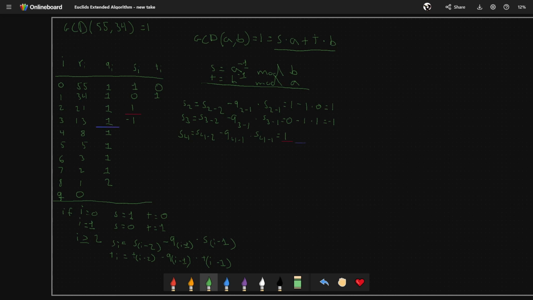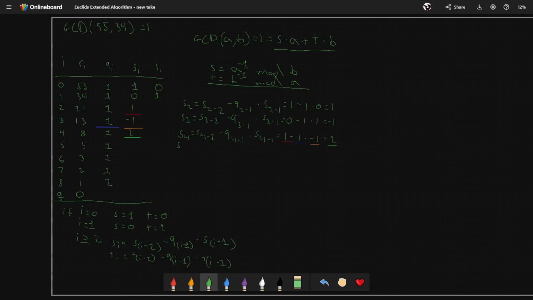Q3 is equal to 1. So that's 1 minus 1 multiplied by S4 minus 1, which is S3. S3 was negative 1, so we'll write that here. Remember, of course, here that multiplication takes precedence over subtraction. So we'll have 1 multiplied by negative 1. That's negative 1. 1 minus negative 1 is equal to 2, because minus and minus becomes plus. So S4 is equal to 2.